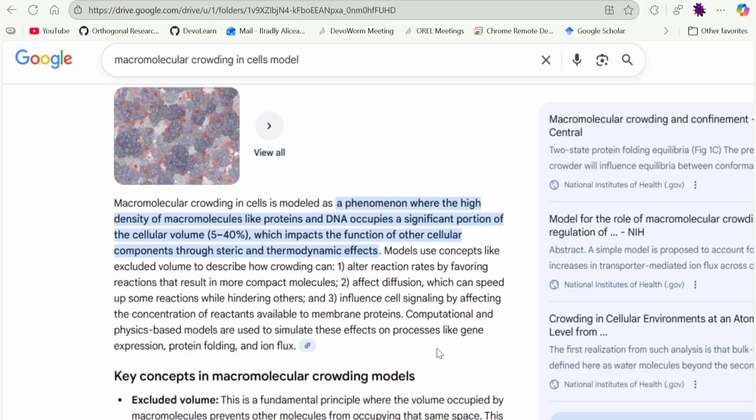So there's a lot going on in the cytoplasm, and the estimate from the literature is something like 5 to 40%, depending on the cell and its state. I imagine there are quiescent times when it's less crowded, and busy times when it's more crowded.